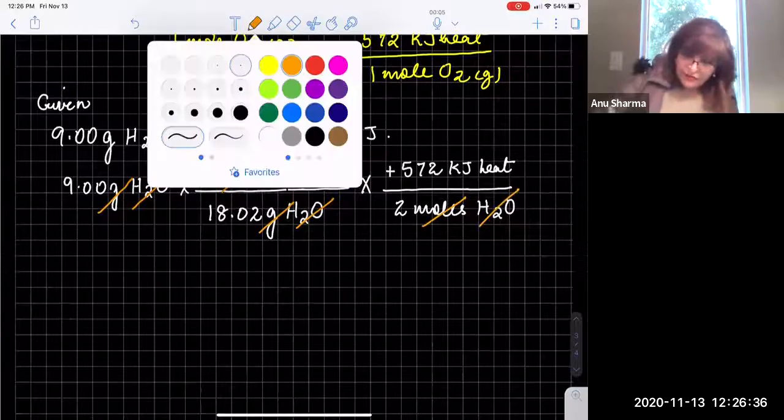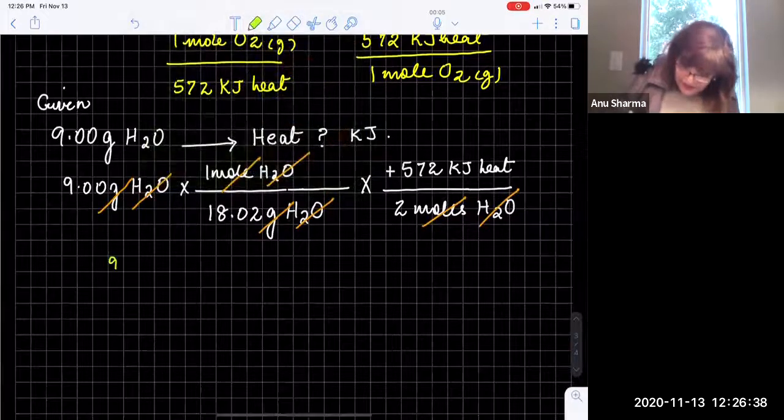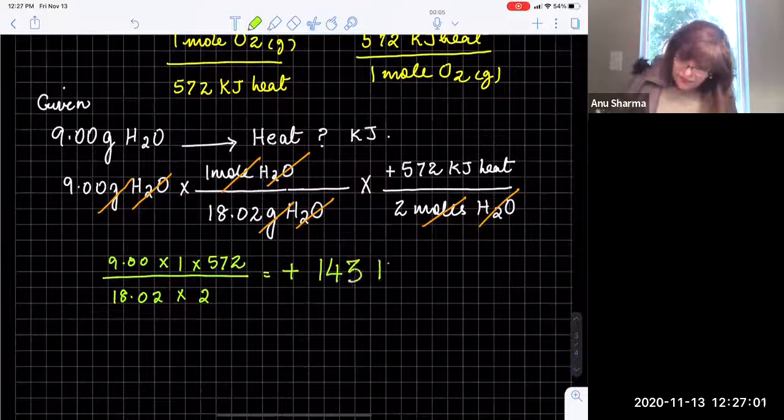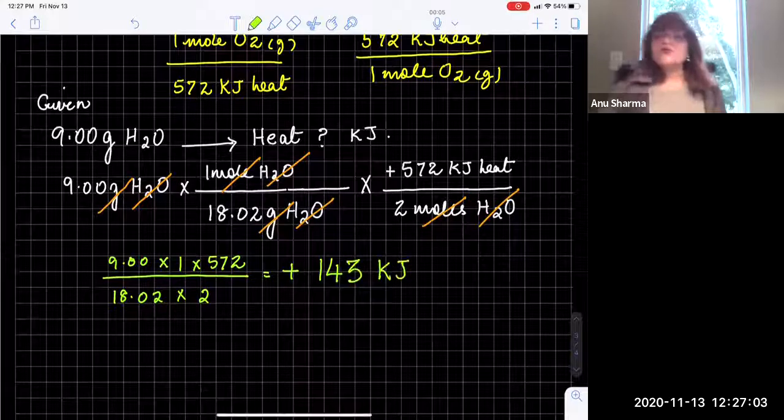And what are you left with now? You are left with 9.00 times 1 times 572 divided by 18.02 times 2, and this gives you positive 143 kilojoules.